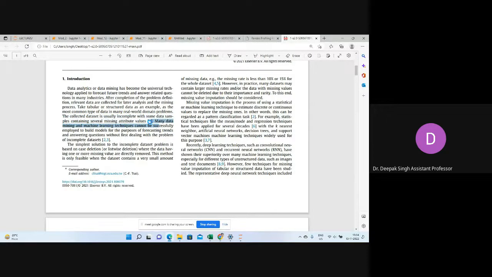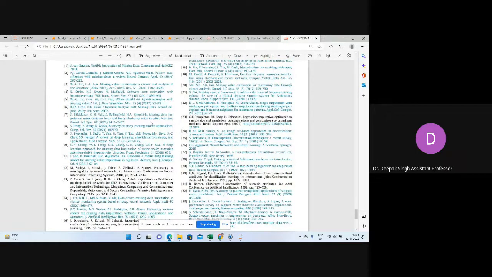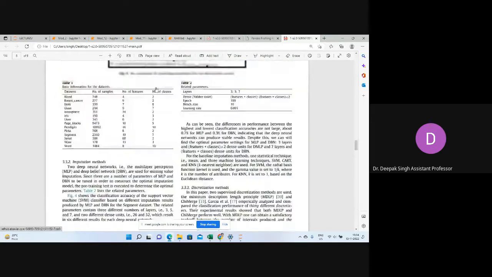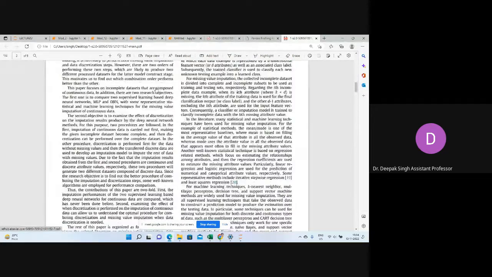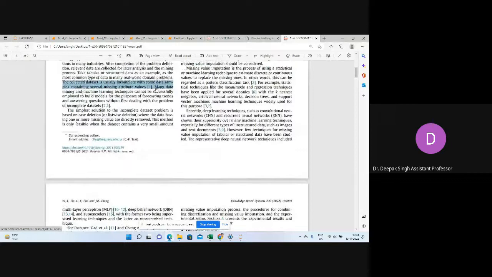This means that this particular sentence has been inferred after reading paper number 1, which is this one, flexible imputation of missing data. Okay, because that sentence is very simple, you would get it by simply reading it once.